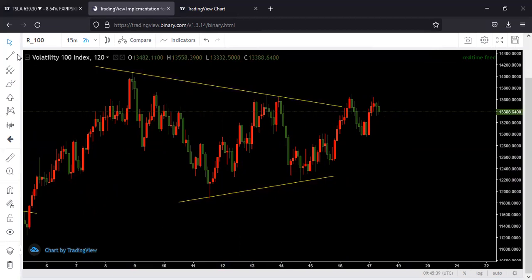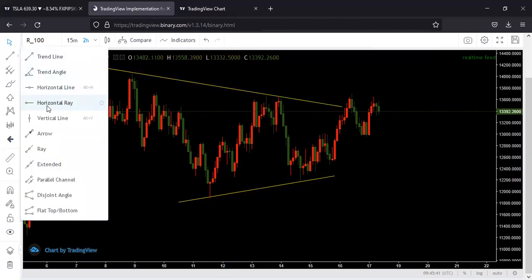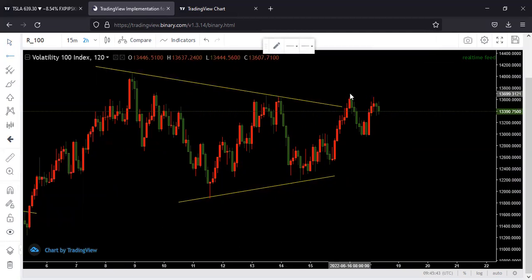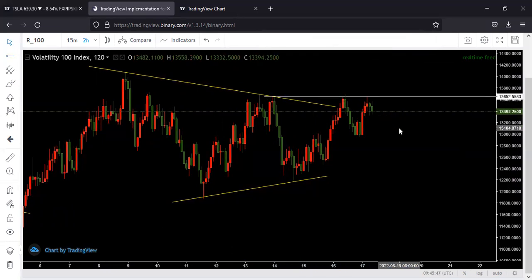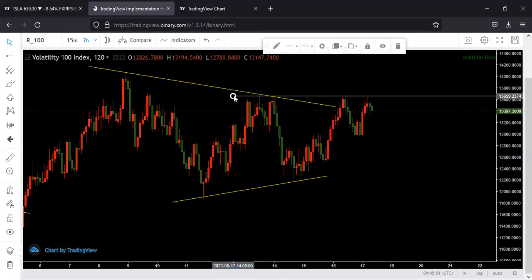Now, from this point, I'm going to use my horizontal line here. I'm going to draw it from this point to this point. So you see, from this point, guys, you can have some sort of triple confirmation. So this was the first one, second, and the third touch.